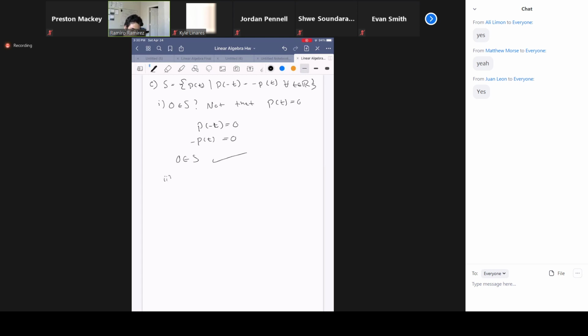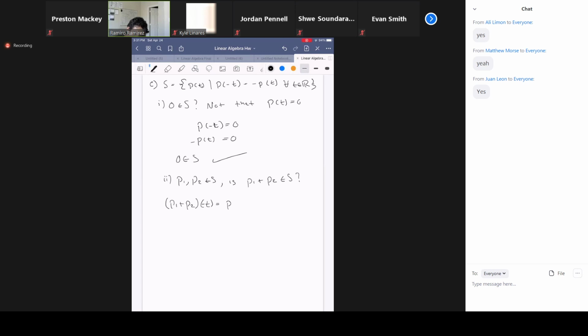Two, is it closed under addition? Well, of course, right? In other words, if you get P1, P2 in S, is P1 plus P2 in S as well? Say you have P1 plus P2 at T. If you plug in negative T, what's this going to equal?